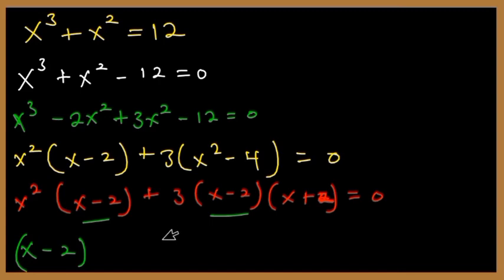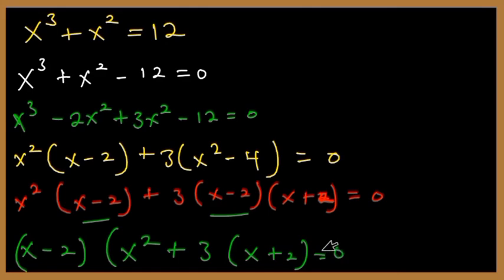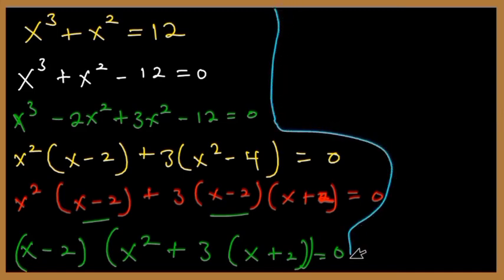So this x to the power 2 comes, then this 3 also comes, plus my 3 multiplying my x plus 2 here equals 0. Now what we have to do, we can multiply this 3 through the equation.